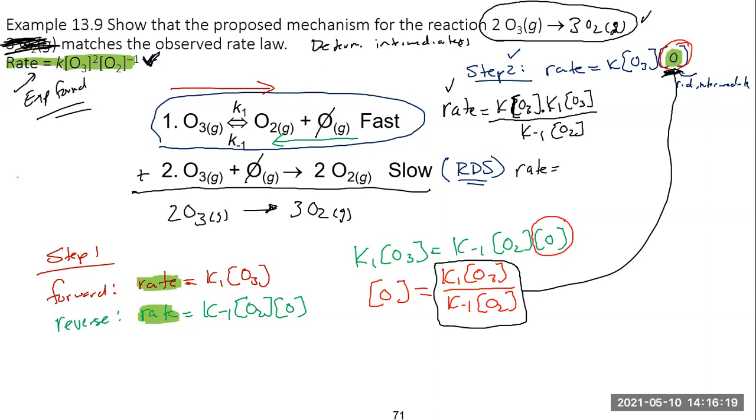They're all rate constants, so these two cancel out. That leaves us K times [O3] times [O3], which is [O3] squared divided by [O2]. Now you have something that you could compare. And when you do, you should see that yes, they do match.